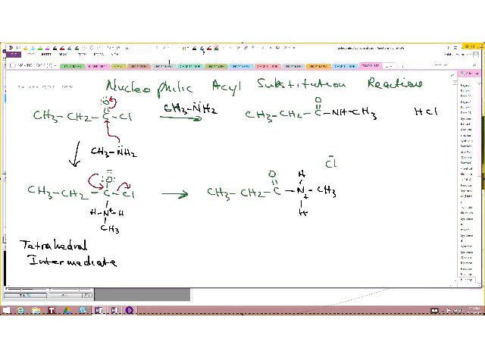So this chloride simply comes here and grabs the proton, drags the proton away from the nitrogen, and then this will release the electron to nitrogen.